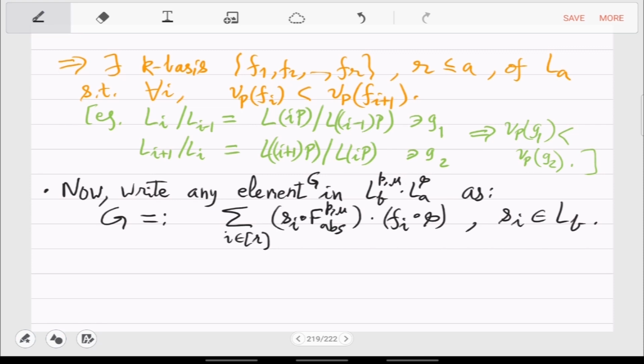So the question is, when is G 0? Because we want to show injection. So that is violated only when G is equal to 0. So let's check this.